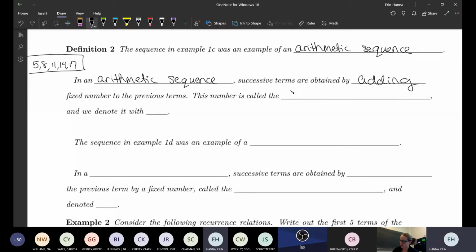This number is called the common difference, and we're going to denote it with the variable d. d can be negative, so take note of that. That would be essentially a case where you're subtracting something each term, but you would just think about it as adding a negative.